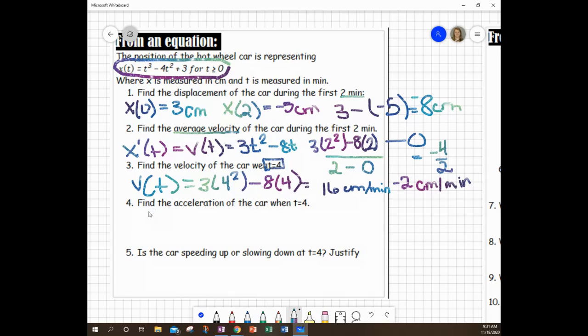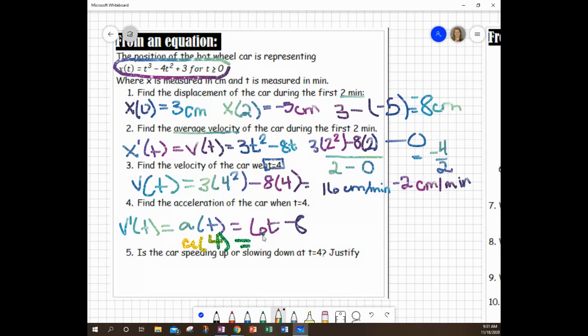Now for my acceleration, remember the acceleration is my second derivative of the original function, or the first derivative of the velocity function. If I take the derivative of the velocity, that's going to give me my acceleration. The derivative of this is 6t minus 8. If I want to know the acceleration at t equals 4, I'm just going to plug in 4.